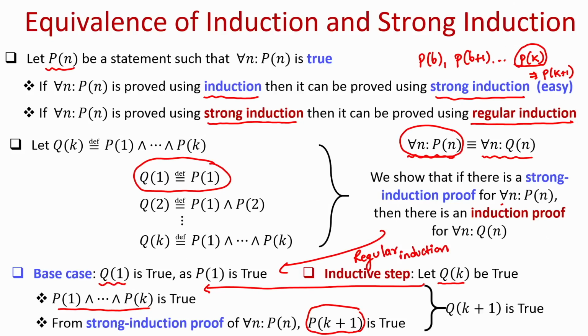But if p of k plus 1 is also true, then I can say that the conjunction of p of 1 and p of 2 up to p of k plus 1 is also true, and this is nothing but q of k plus 1.